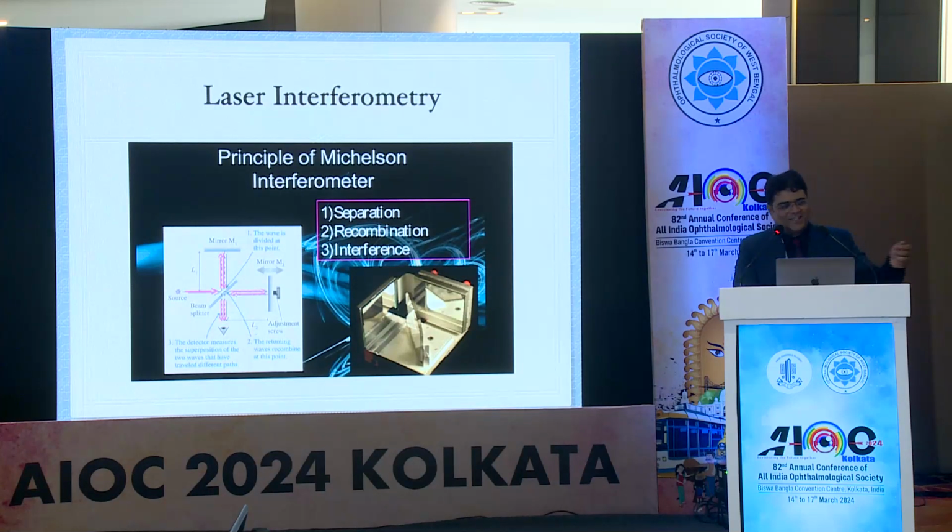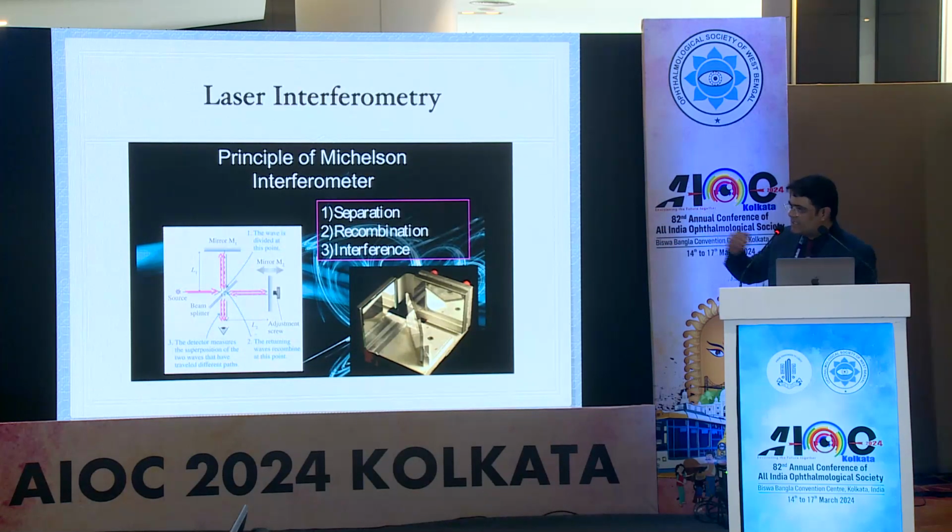So coming to the principle of optical biometry, they're all based on the principle of laser interferometry. This is the principle of the Michelson interferometer. There's a source of light, which when passed through a beam splitter, divides the light into two paths.